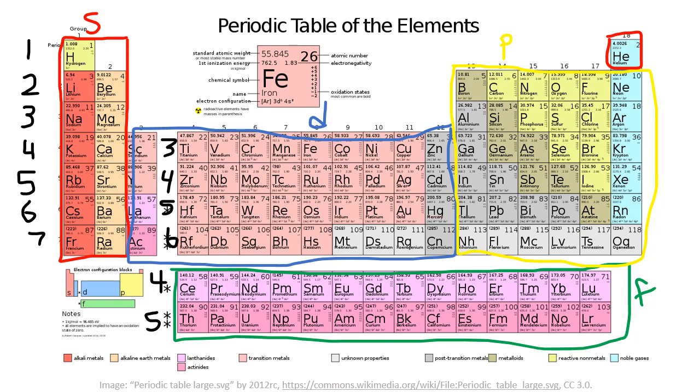Of particular note, when you look at how I have arranged this, I have written 1 through 7 from top to bottom. Those refer to the principal quantum numbers. For the S block and the P block, that is straight up what it is. But for the D block and the F block, we actually have different numbering for the principal quantum numbers.